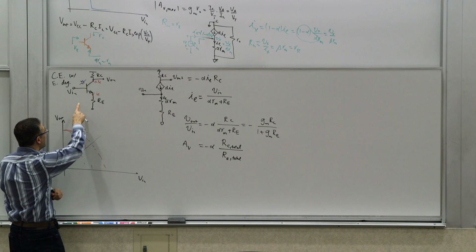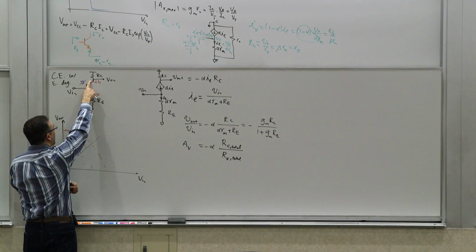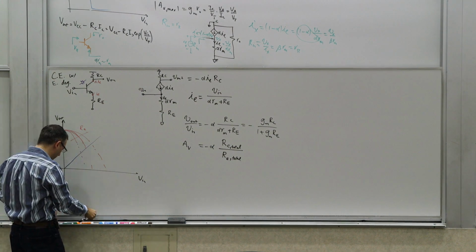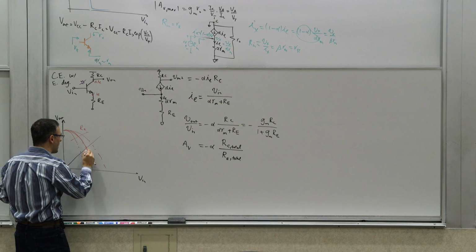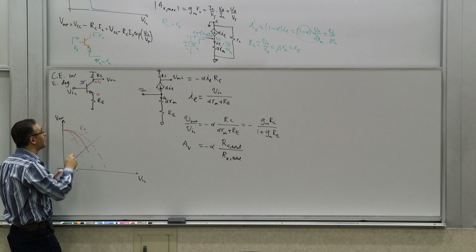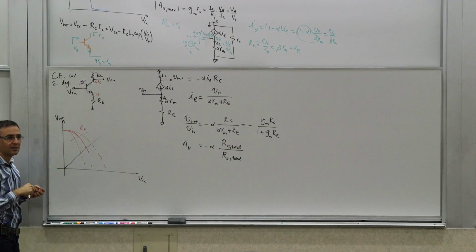So when this voltage becomes about 0.5 volt higher than that voltage, when the purple becomes about 0.5 volts or 0.6 volts greater than the red, what happens? This junction now is forward biased, right? So this diode is forward biased, which basically means that transistor is saturated.